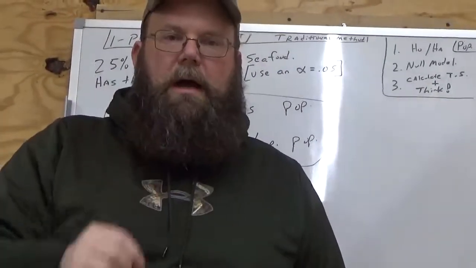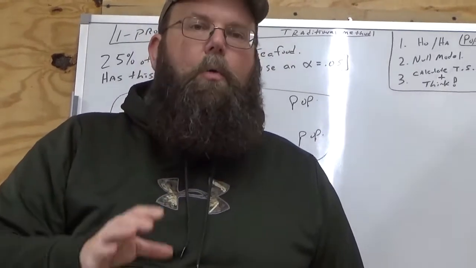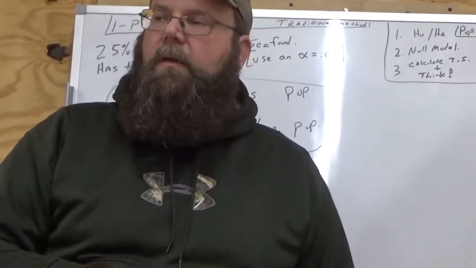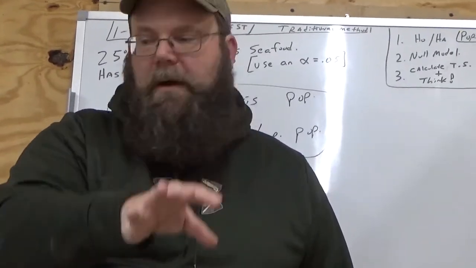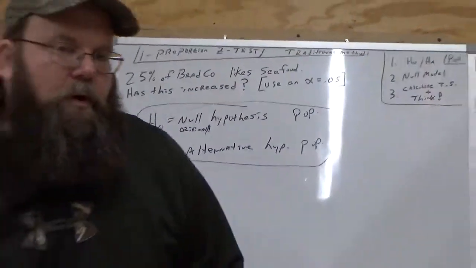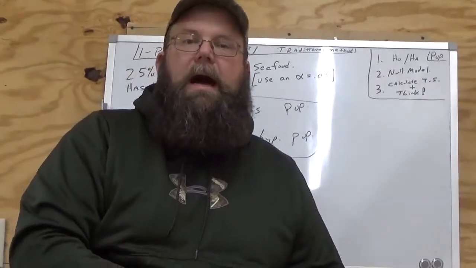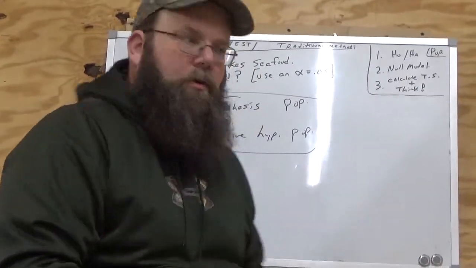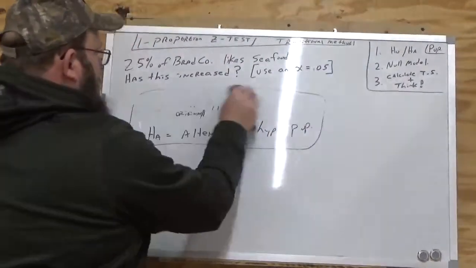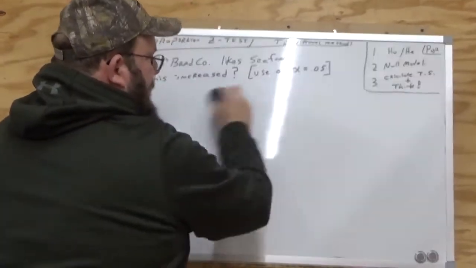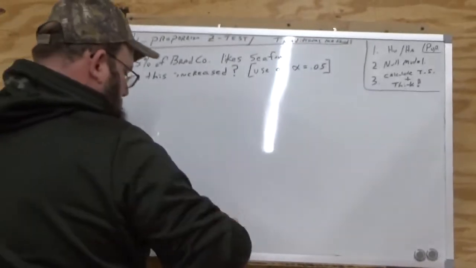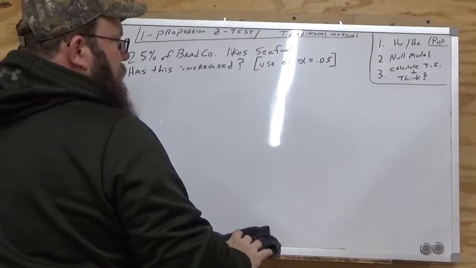From the Ho and the Ha, we're going to get whether we have a right tail test, a left tail test, or a 2-tail test. I'm going to talk about that here in just a second. But first, we're going to formulate our null and our alternative hypotheses. Okay? This is the first step of any hypothesis test. The very first step.